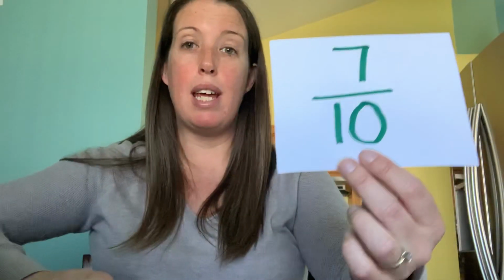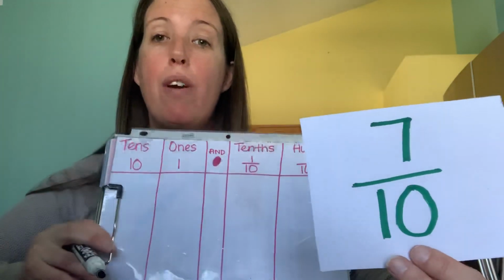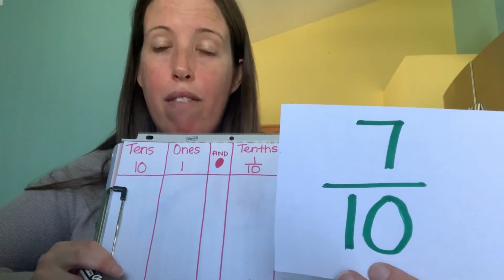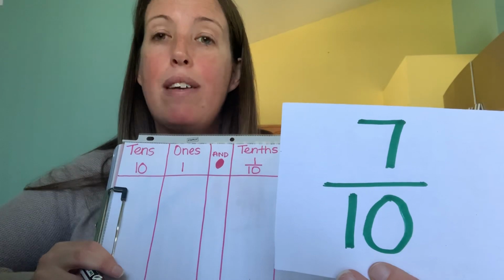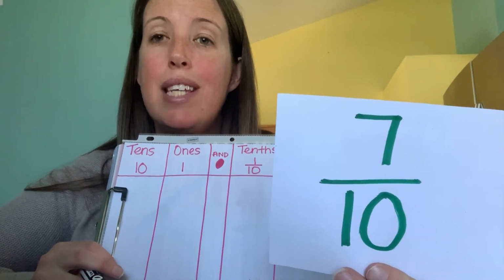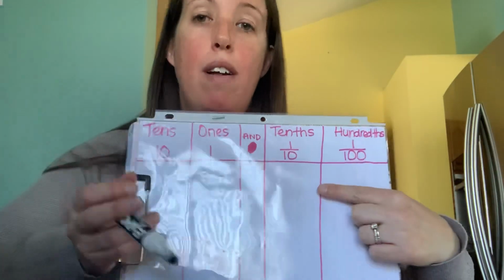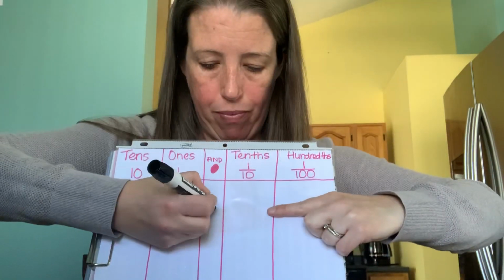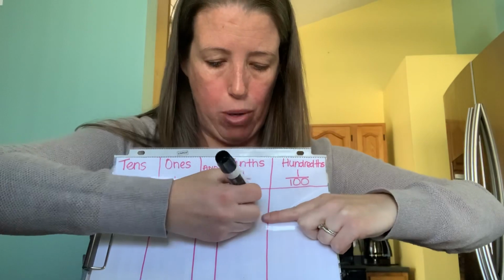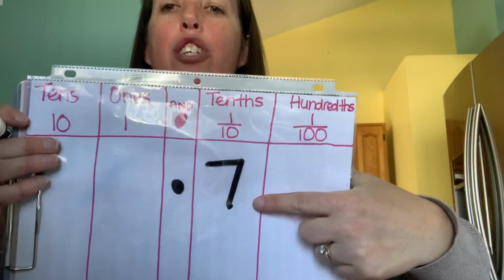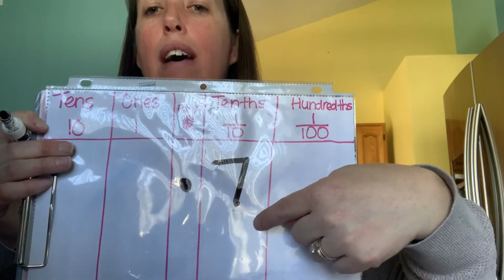Now using the same strategy on my place value chart, I'm going to place a 7, and it has to finish off my number in the tenths place. So I'll even move my finger here so I know where I'm going to finish. I'm going to put a decimal point, and then the number 7, and it finishes in my tenths place. So I read this as 7 tenths.